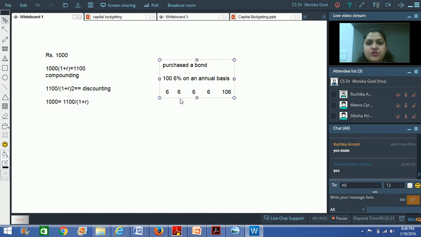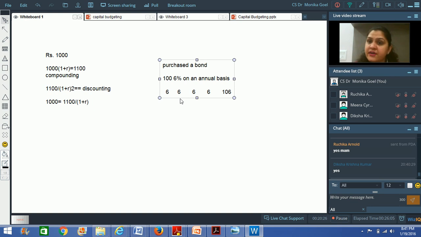Now, if I want to know the present value of this bond, what should be the price of this bond in the market? It is equal to the present value of the future cash inflows that I'm going to get.